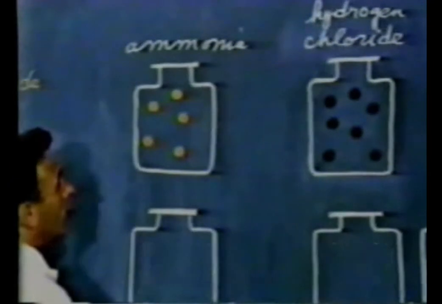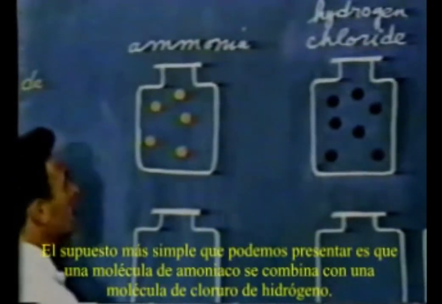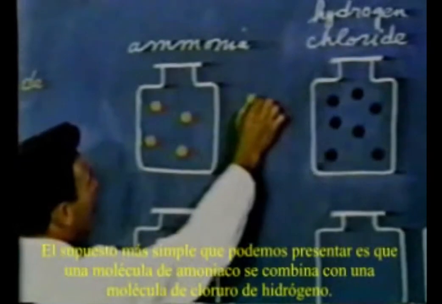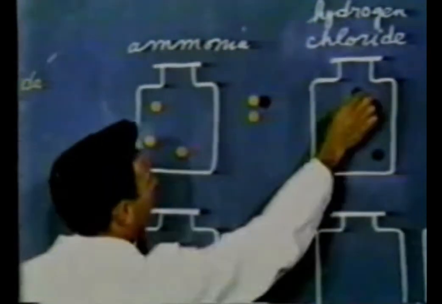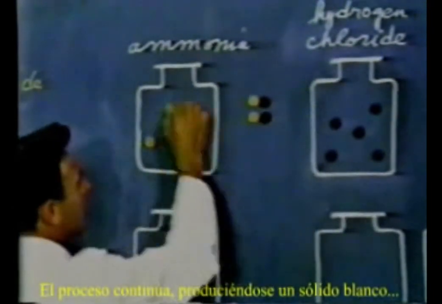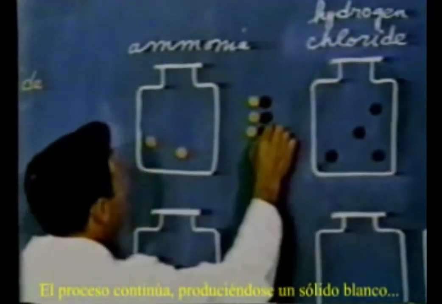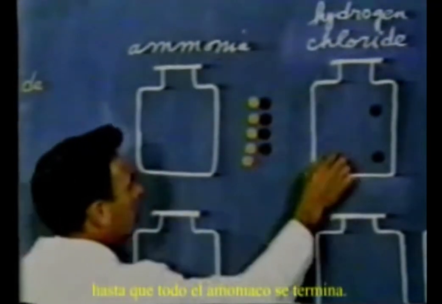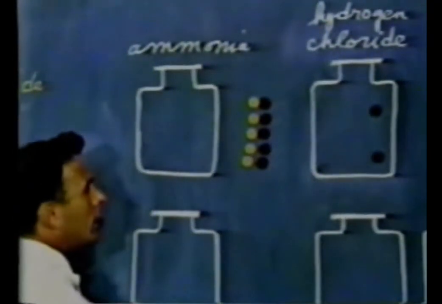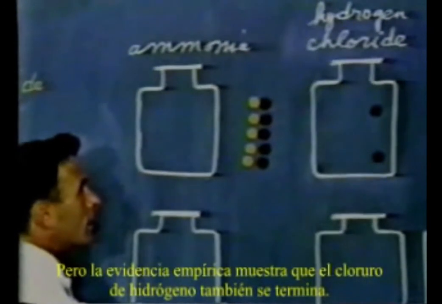Now, the simplest assumption we can make is that one molecule of ammonia combines with one molecule of hydrogen chloride. The process continues, forming the white solid, until all of the ammonia is gone. Then, experiment shows us that all of the hydrogen chloride is gone.